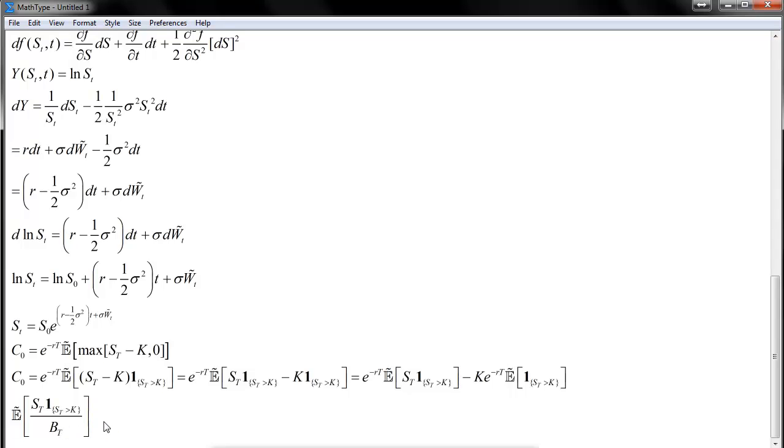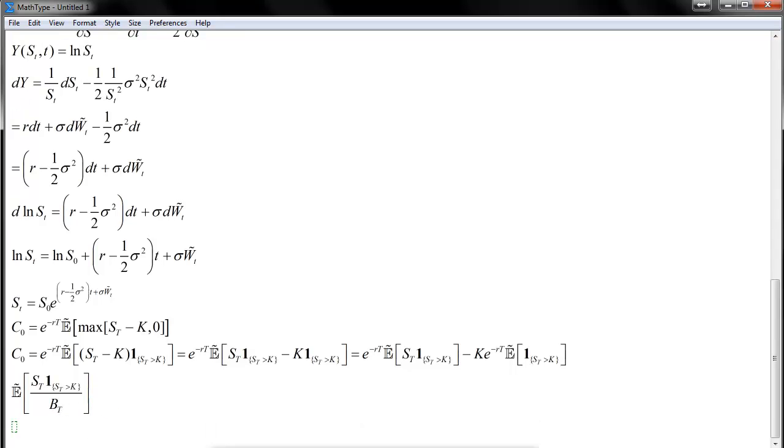Okay, and there is a simple rule that says that expectation times Radon-Nikodym derivative times some event or some variable X is equal to the expectation under the new measure, which is defined by the Radon-Nikodym derivative, times the variable.